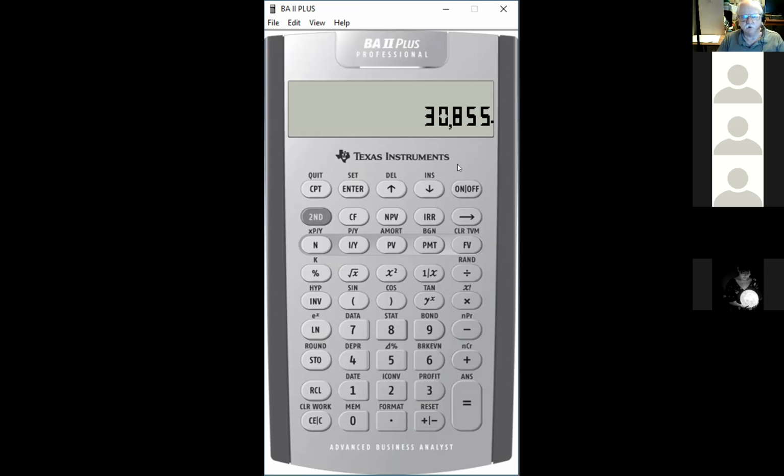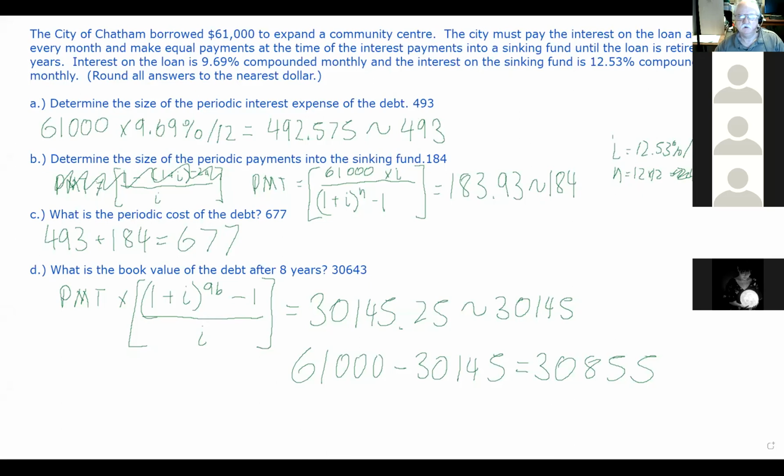You could do it on the BA2 Plus, solving it using the financial functions and the amort, or you could do it on an Excel spreadsheet. So let's stop sharing that.